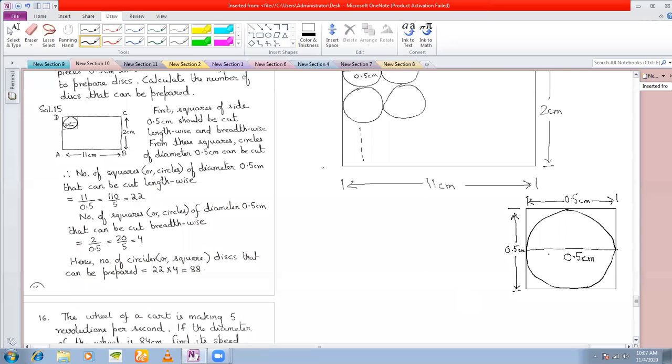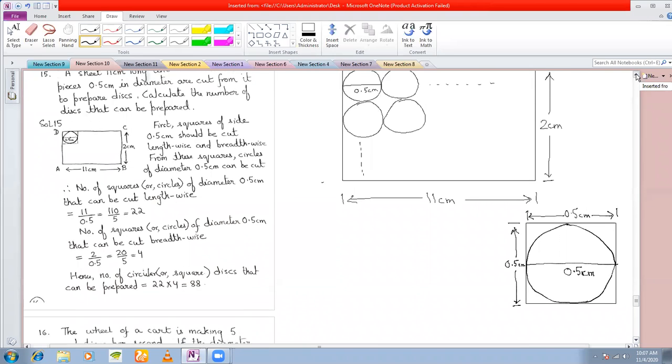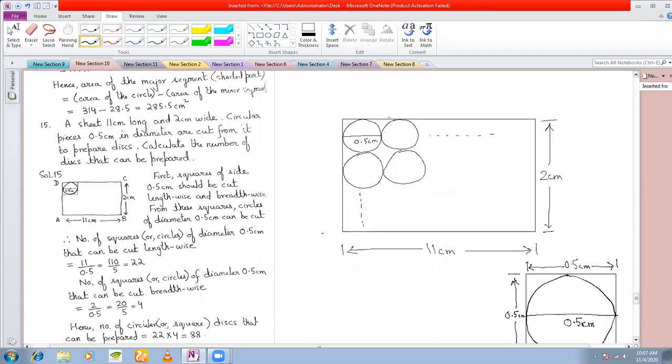Okay, so that means what you do here is, in order to cut out a circle lengthwise, you have to cut out a square first of side 0.5. So lengthwise, how many squares can you cut?